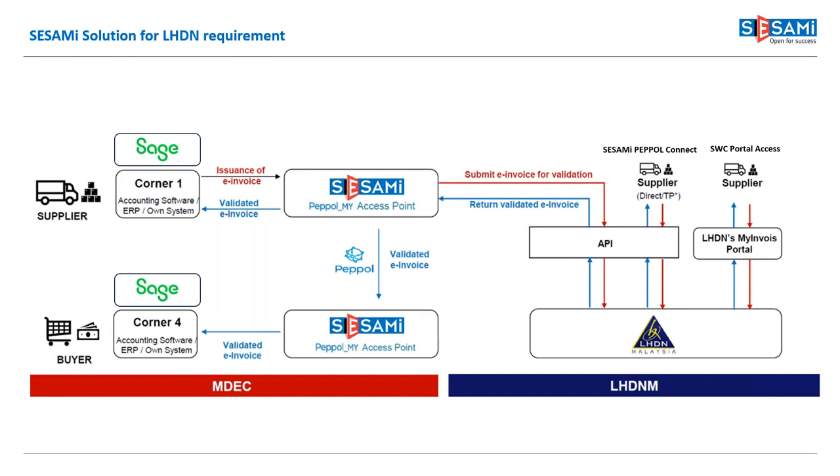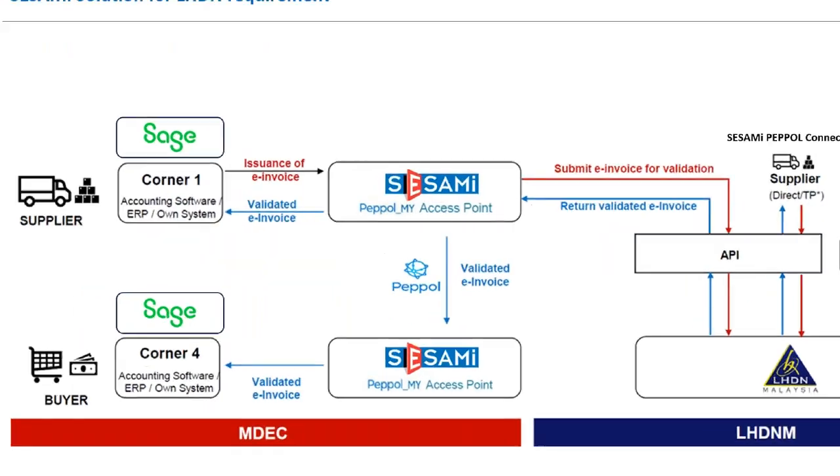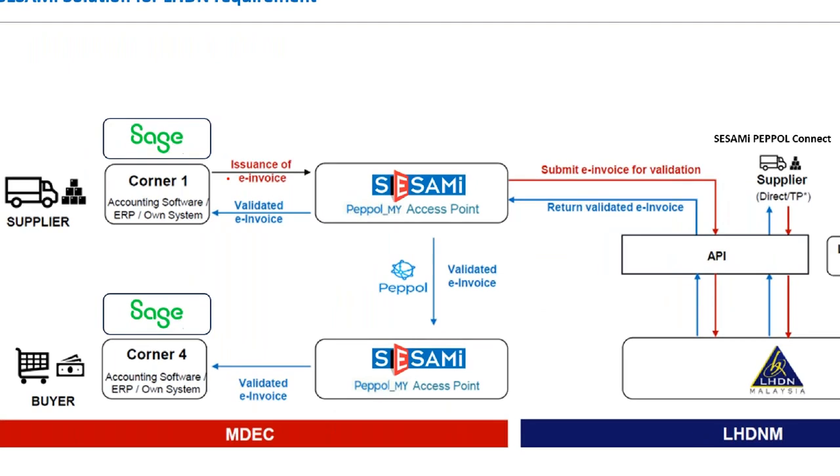So what then happens is, as an example, in corner 1, the supplier issues a document out of Sage 300, or out of X3 if you're an X3 user, and it automatically gets sent to Sesame. From Sesame, it goes to this API that we talked about briefly earlier through LHDN.